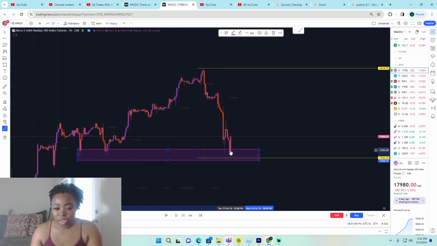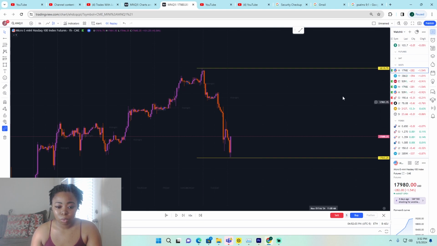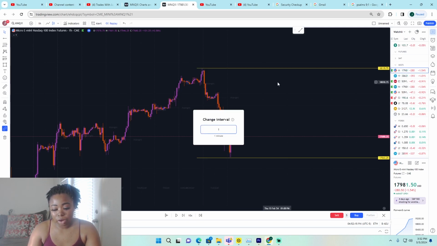And in this area where price is at currently, I would assume that was what price wants to do, but I'm just going to wait and see what price wants to do before I hit buy, sell, before I do anything. So now that I have those two levels marked up, I'm going to go to the 15-minute time frame.